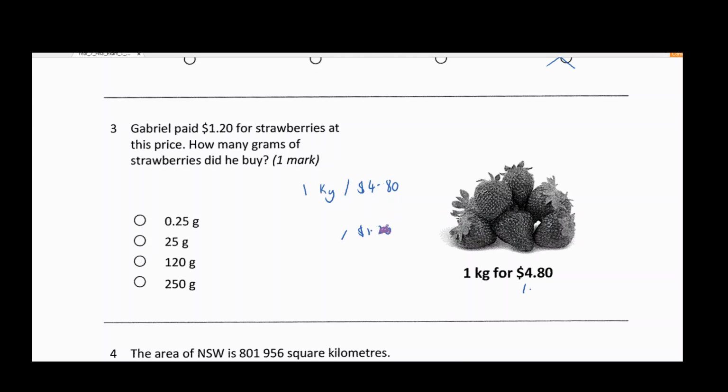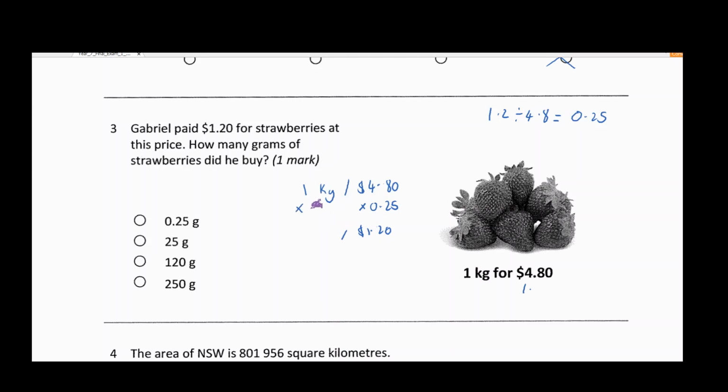So we do 1.2, this is what we type in the calculator, divided by 4.8. 1.2 divided by 4.8 gives 0.25. So we multiply, so 4.8 times 0.25 gives 1.2.